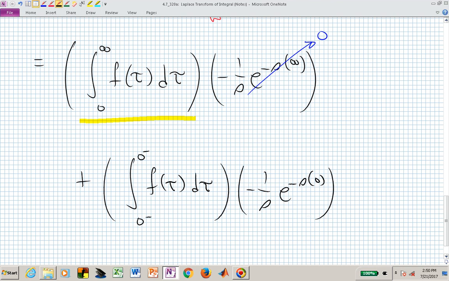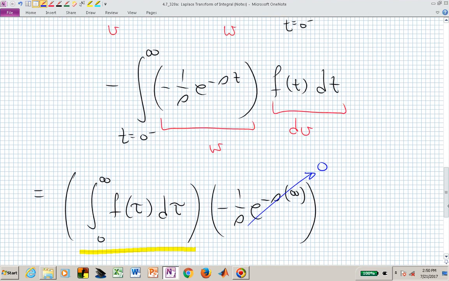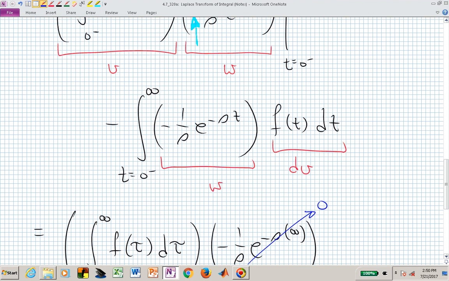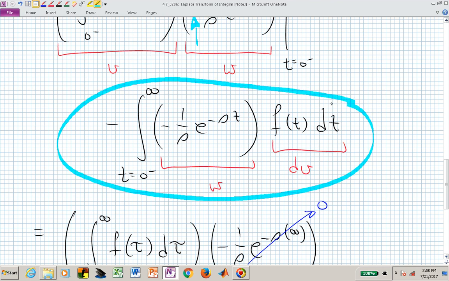The exponential is now 1, but we're integrating over nothing, from 0 minus to 0 minus. This first term vanishes, and we're left with trying to evaluate the remaining piece of our integration by parts.